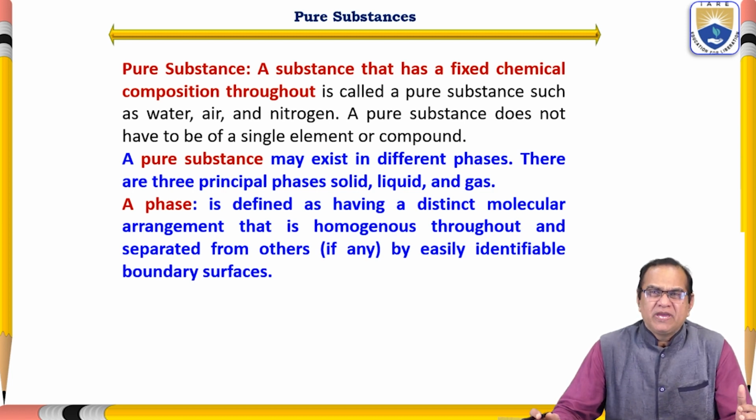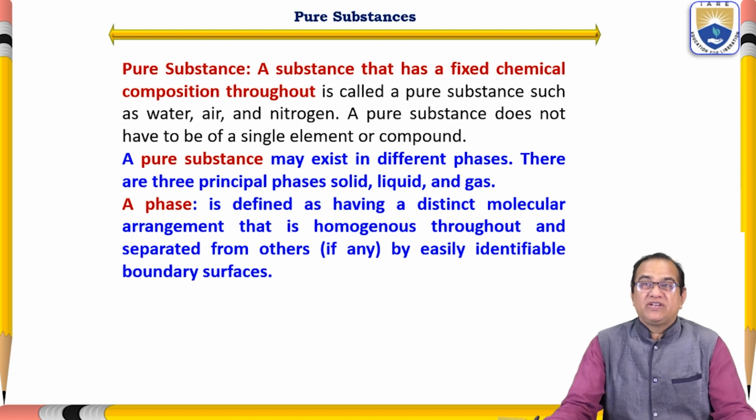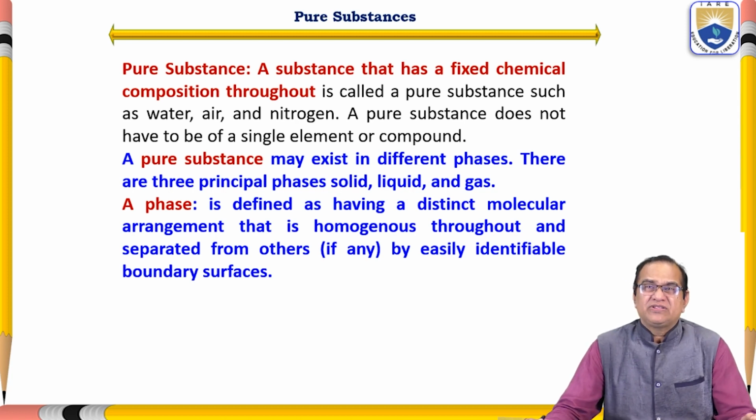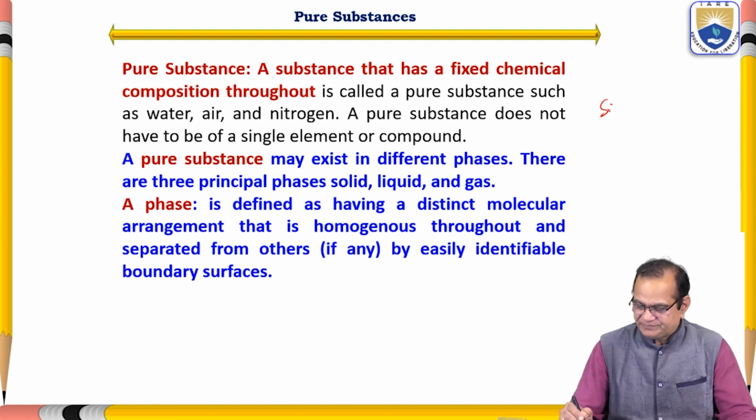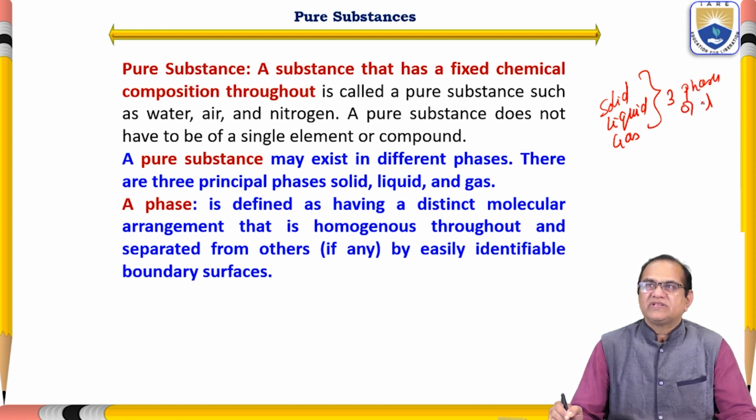A pure substance may exist in different phases. There are three principal phases: solid, liquid and gas. These are the three phases of the substance.